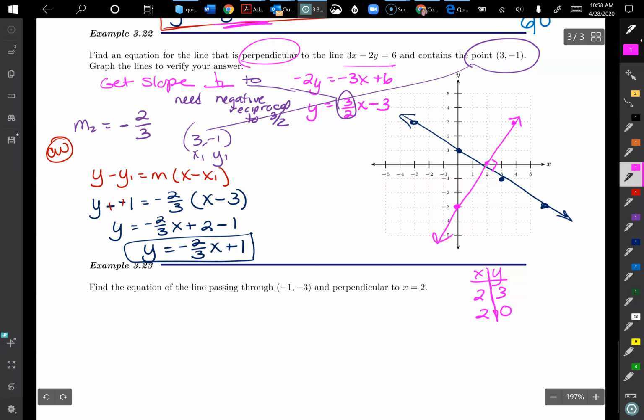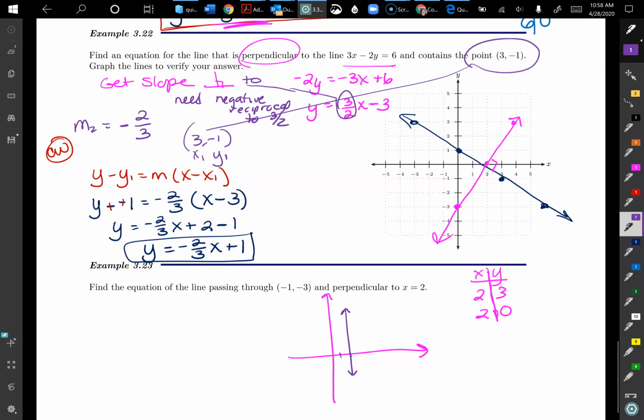So I'm going to have an undefined slope, right? If I went to graph that, we'll just do that really quickly. So x is 2. It's going to be a vertical line right through x equals 2. And that is my first line.